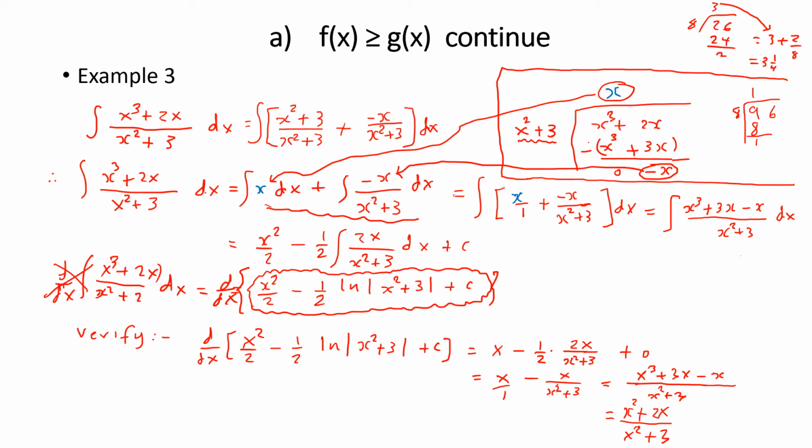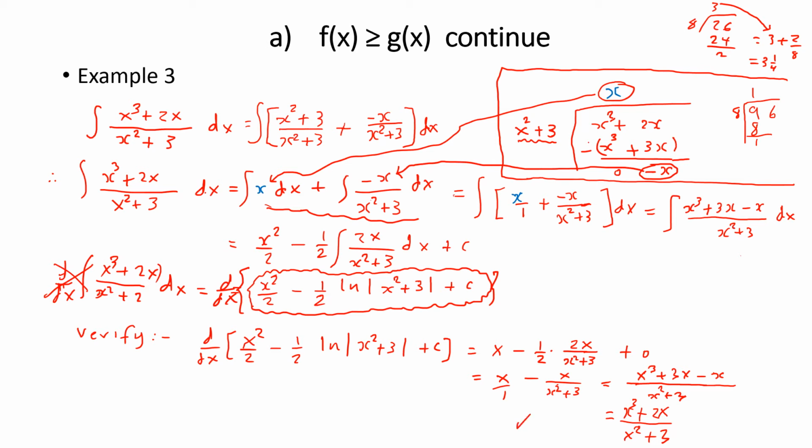So if we subtract 1x from 3x's, it will give us 2x's, which is this. And we have x to the power 3. So we have x to the power 3 plus 2x divided by x squared plus 3, which is what we started with, which proves that our method of integration is correct and the answer we got is verified.